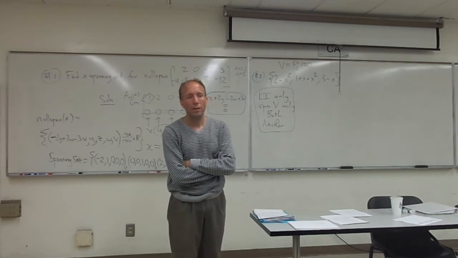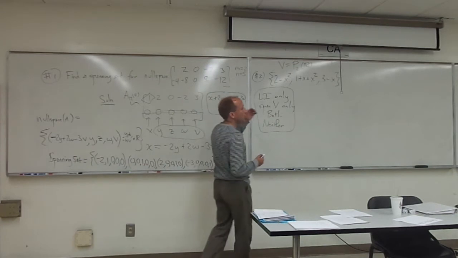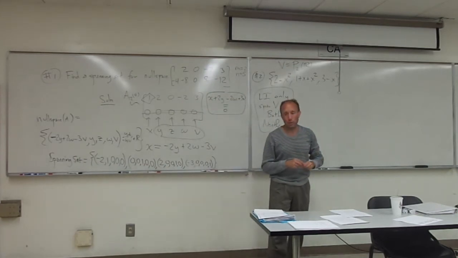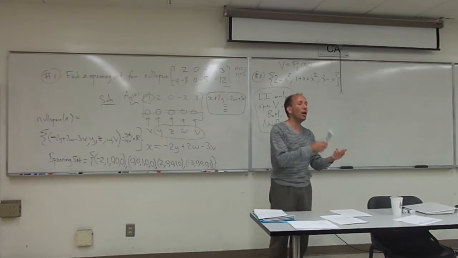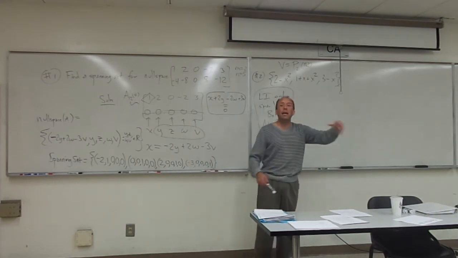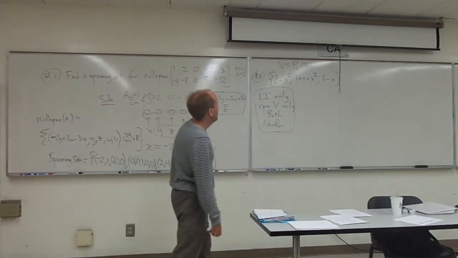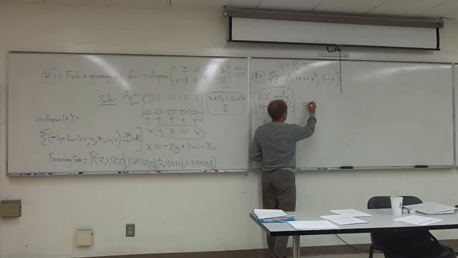K and N. The N is the dimension of the vector space. You need to know the dimensions of the basic vector spaces like Rn, Pn, and m by n matrices. What is the dimension of P2 of R? 3. Very good, so N is 3.